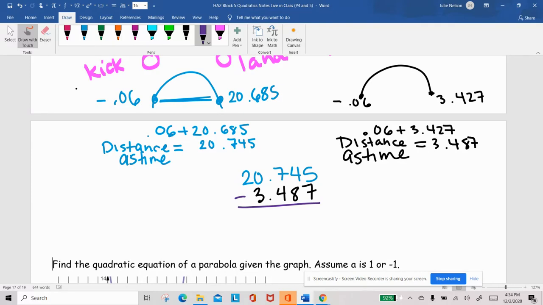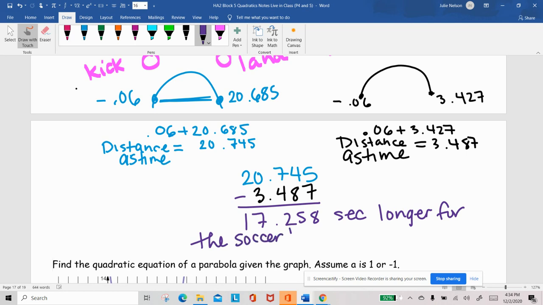The reason I'm subtracting them is I want to figure out how much longer it's going to take to land on the moon compared to Earth. I get 17.258. So it's going to take 17.258 seconds longer for the soccer ball to land on the moon compared to Earth.